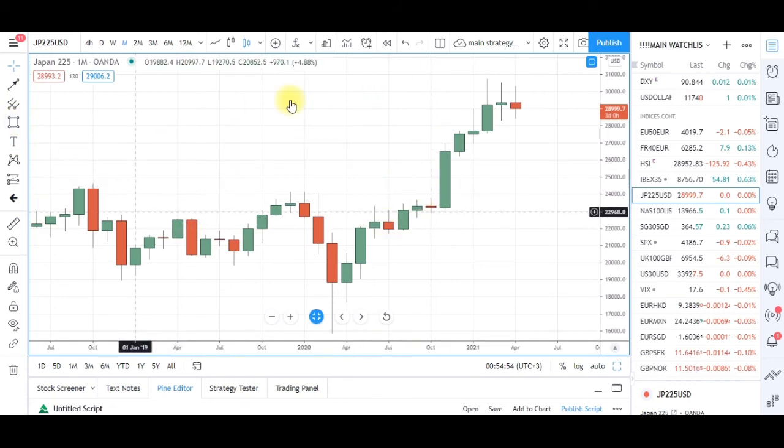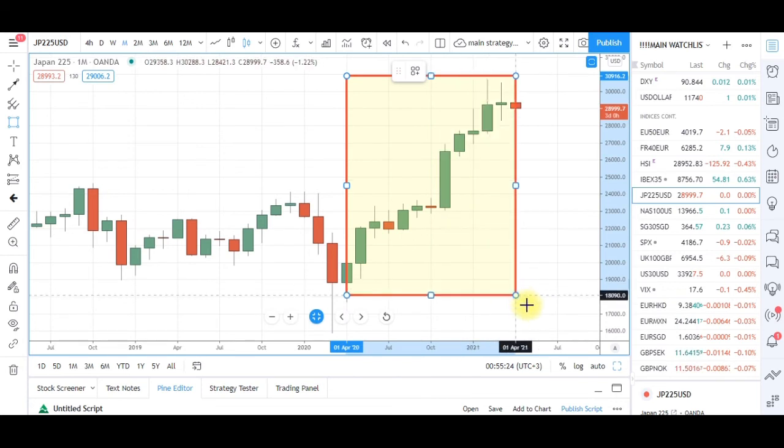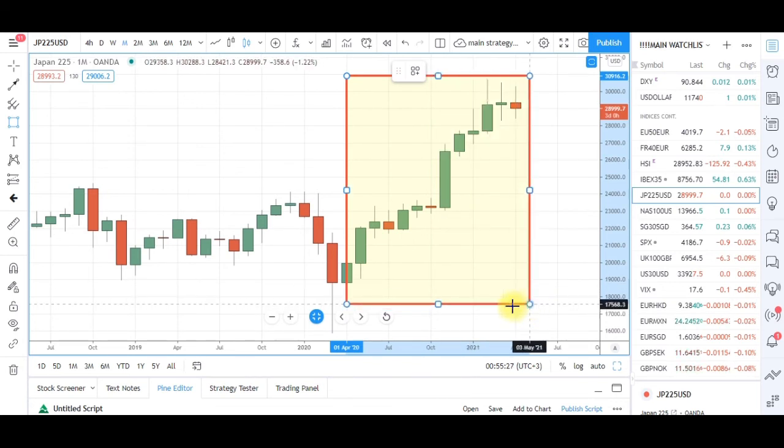We're looking at this chart from the monthly view. From the monthly view, we're going to get a rectangle tool and look for April 2020. We found the line here, and I'll start drawing the square up until April 2021.